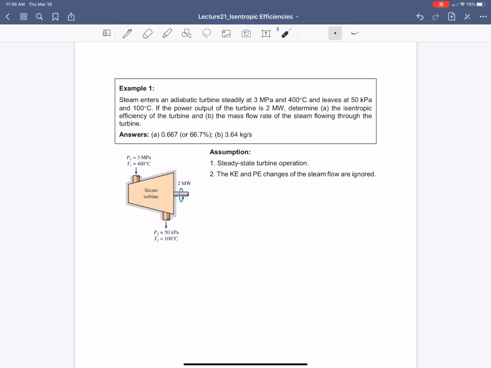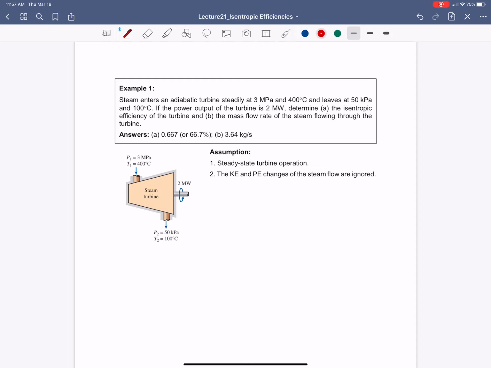This problem is about a steam turbine where steam enters at a certain condition and leaves at another condition. Let me try to mark what seems important while I'm reading this statement.